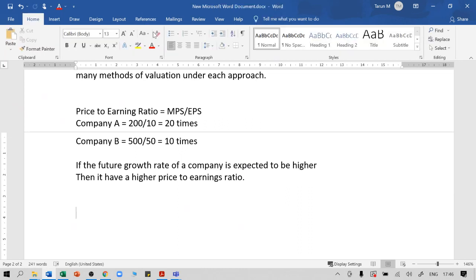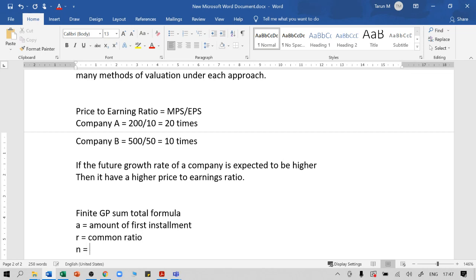So let me write it like this. Finite GP sum total formula, where A is equal to the amount of the first installment, R is equal to the common ratio, and N is equal to the number of installments.